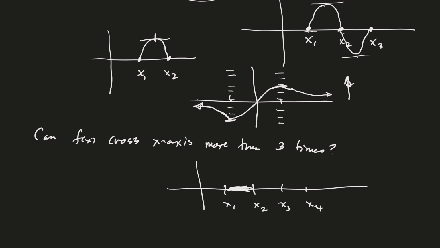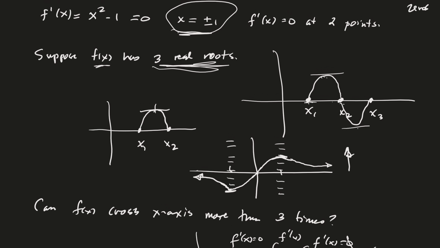Between each of those crossings, the derivative has to be equal to 0 somewhere. And so the derivative would have to be 0 how many times? 3 times. The derivative would have to be 0 at some x in this interval and at some x in that interval. Therefore, that cannot happen. Why? Because the derivative is only 0 at 2 points.